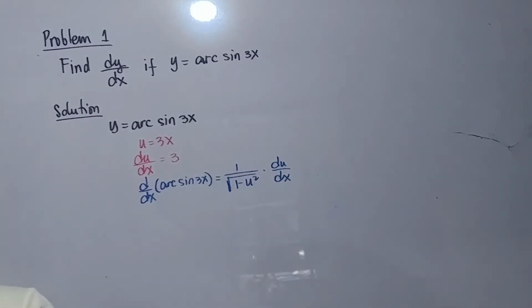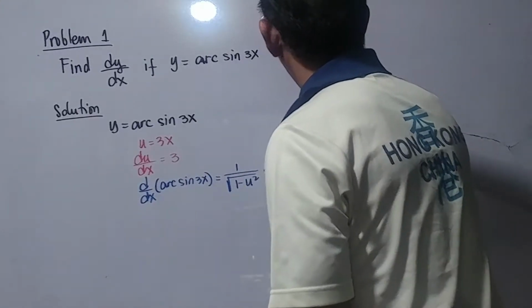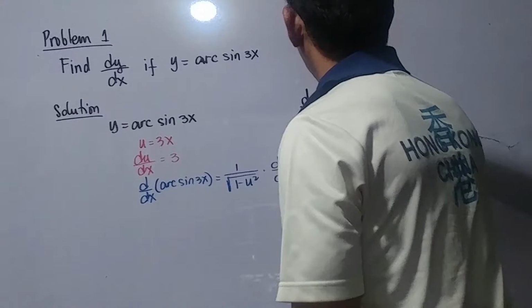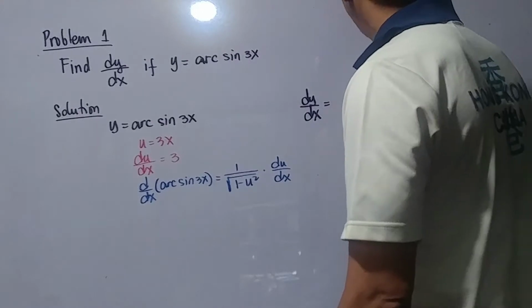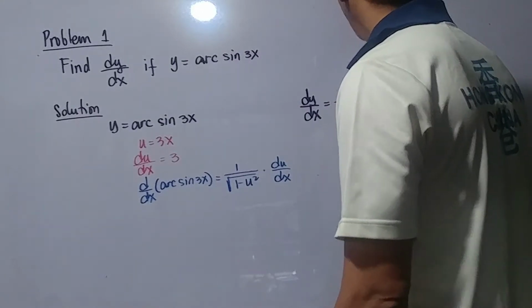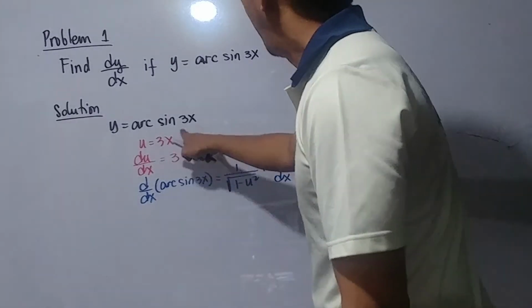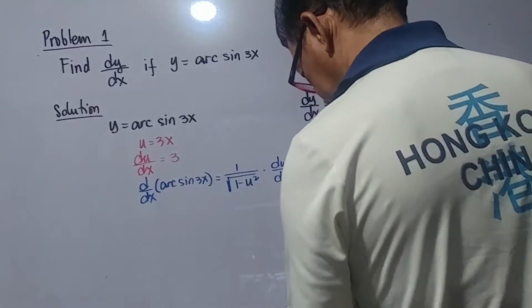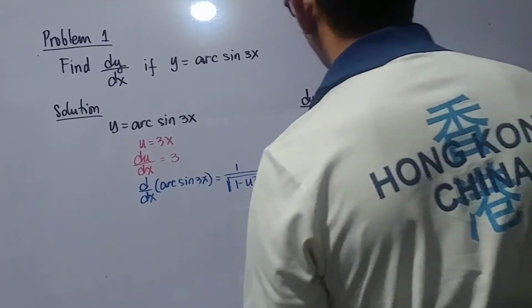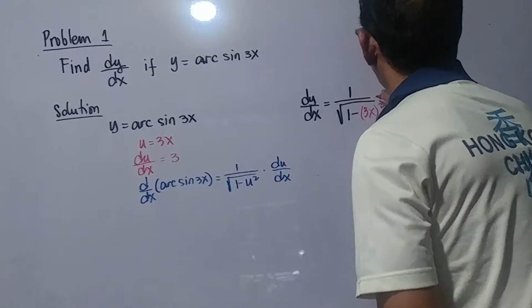So as you notice, our dy dx now, for arc sine, we have 1 over the square root of 1 minus our u squared. Our u here is 3x. So we have 3x squared.